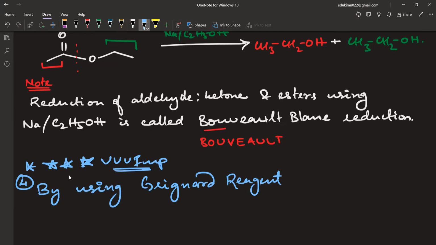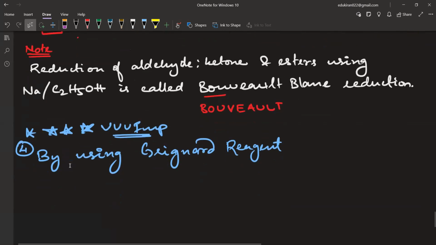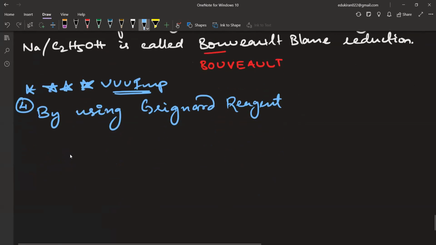Okay, right here, if you have, we need any carbonyl carbon, plus we need an RMGX.